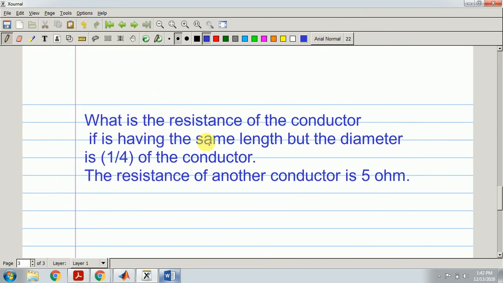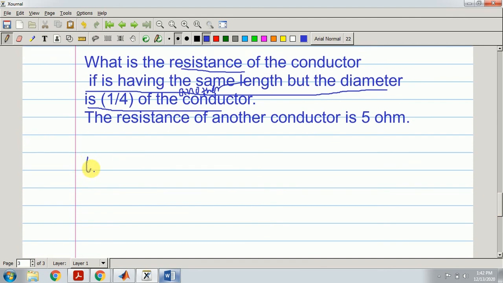What it says actually is, I have to find the resistance value of one conductor, and this conductor has the same length, but the diameter is 1/4 of the other conductor. So here I have two conductors with me. Let's say this is my first conductor, and I also have another conductor with the same length.